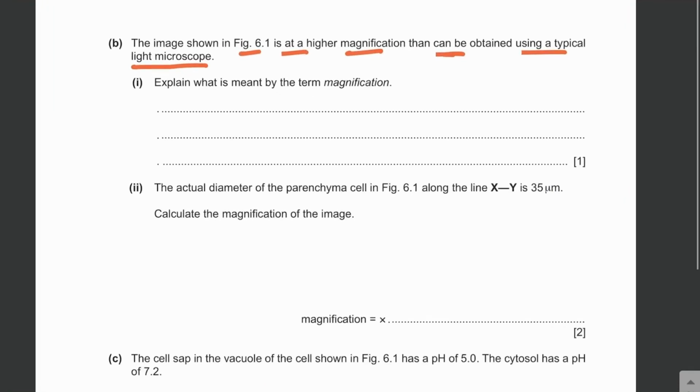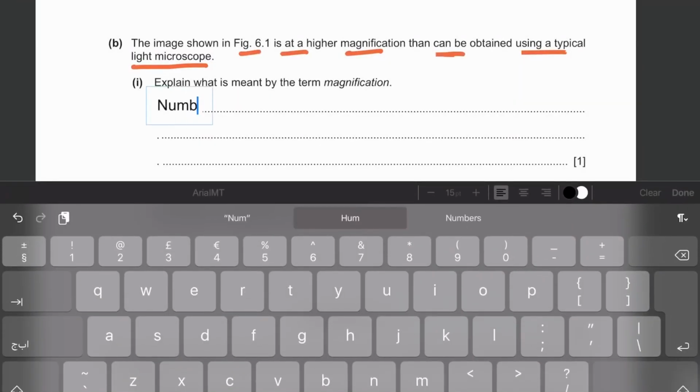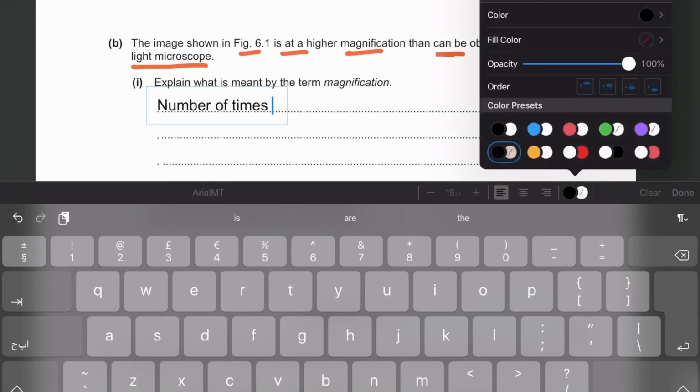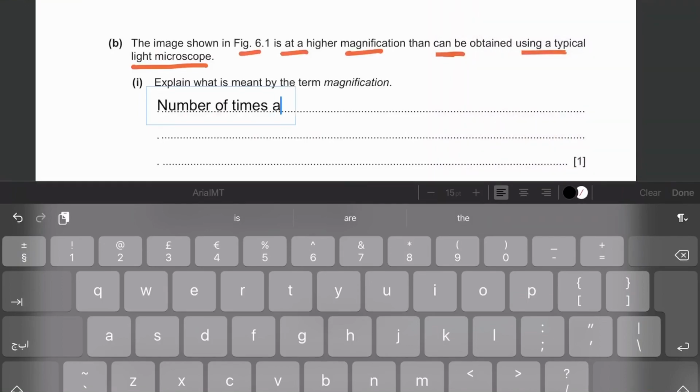So explain what is meant by the term magnification. Remember that magnification is the number of times an object is enlarged to form an image.